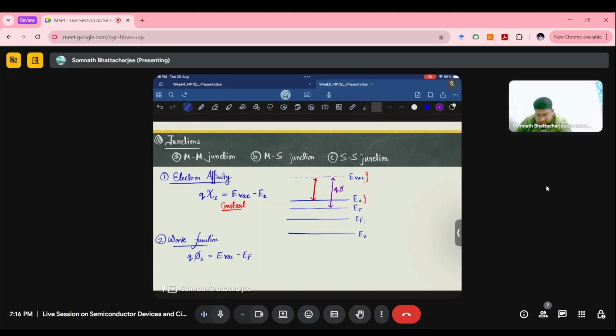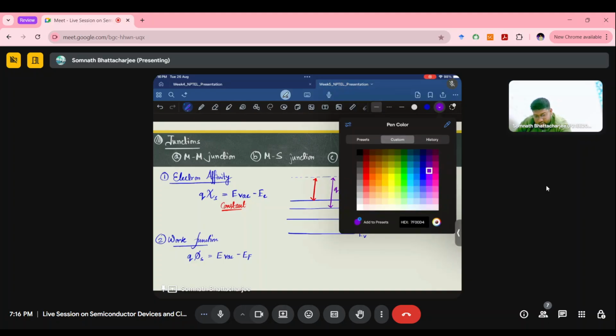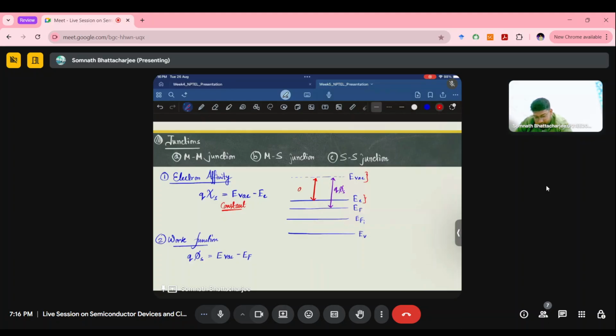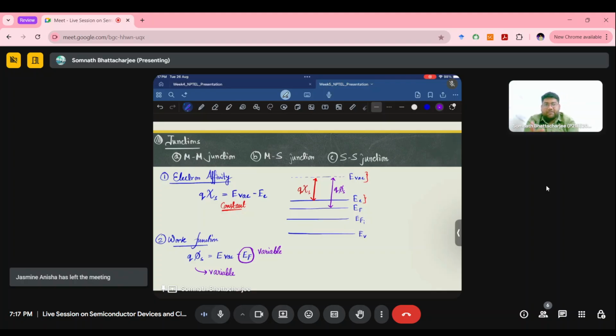Now the problem is that the Fermi level changes based on the doping concentration and many other factors. So this is variable, due to which this term is also variable. So in a semiconductor, the electron affinity is a constant term, but the work function is not a constant term. Now we can define it for metals as well.